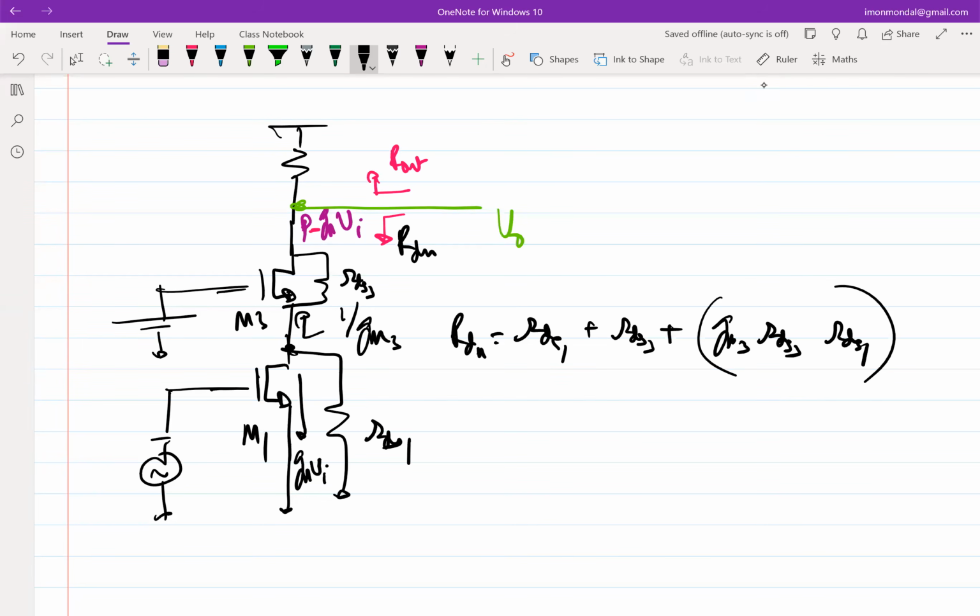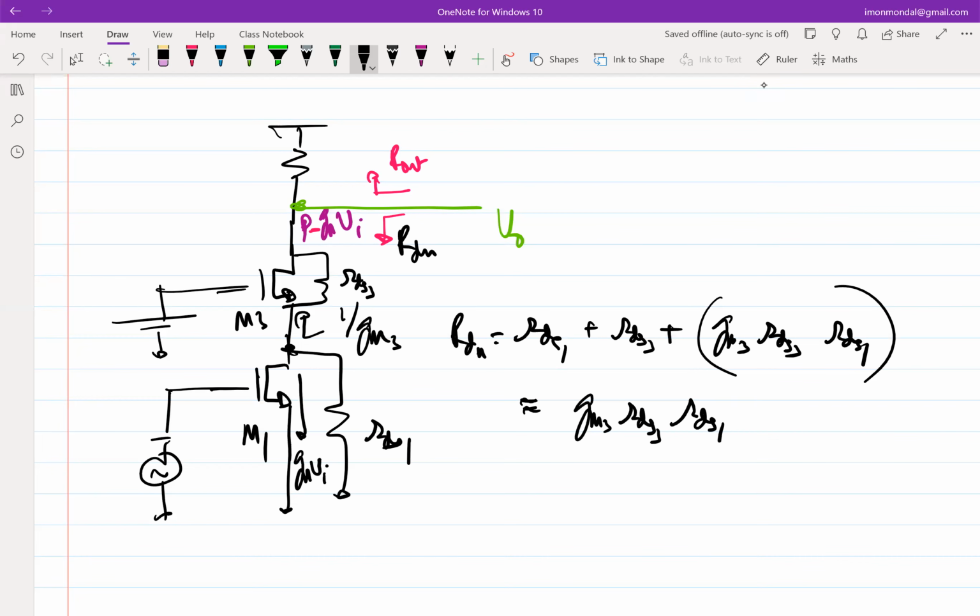So this term dominates because RDS1 is multiplied by a gain term, right? So this becomes approximately GM3 times RDS3 times RDS1. Okay. So again, this is a very useful term to memorize, so that you don't have to write KVL, KCL for every small piece of circuit every time.